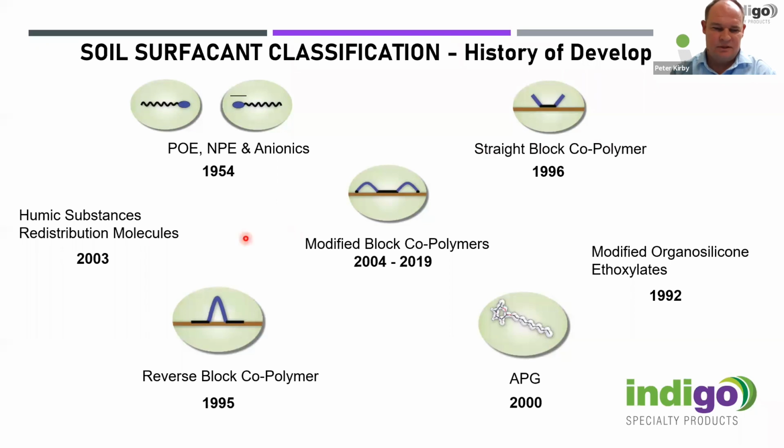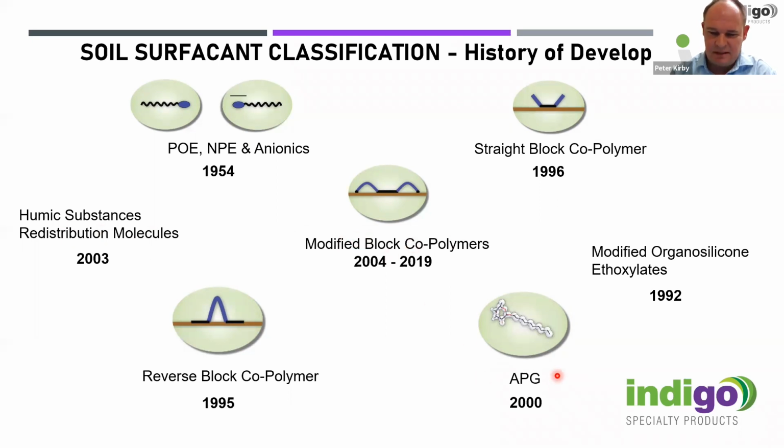And then in 2003, we had humic substances, which are redistribution molecules, which basically work on the top few centimeters of soil in removing those organic materials that eventually build and lead to organic coatings. Then in 2004, we saw the first modified block copolymer, and then we're seeing subsequent advances in block copolymer technology.